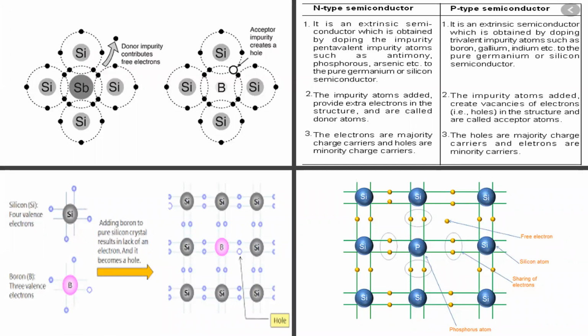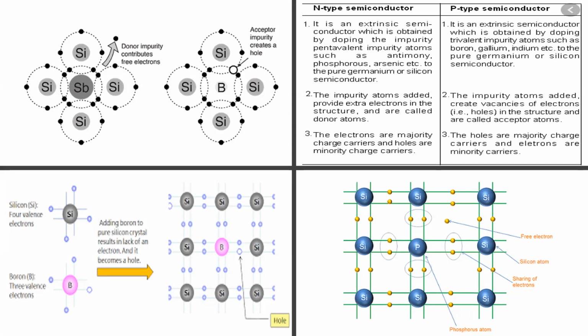So when you add some impurity to the crystal, you will be adding a large number of impurities. For example, 10 raised to 8 atoms are added. We learned in the last class that there are around 10 raised to 23 atoms per unit volume.